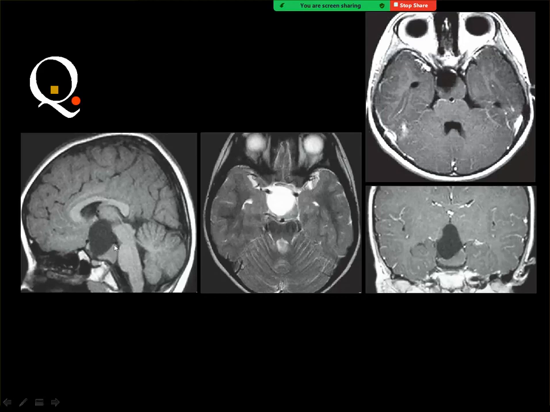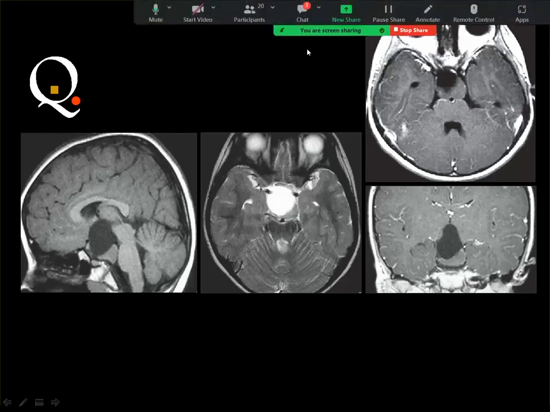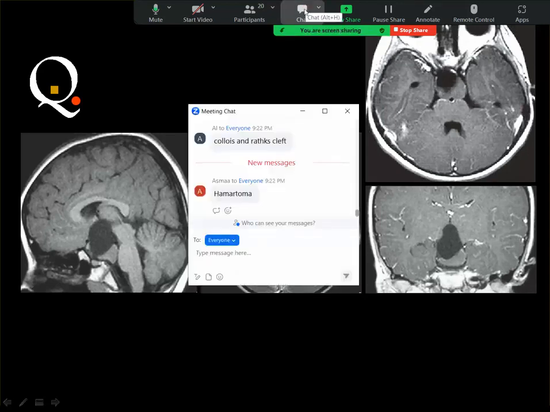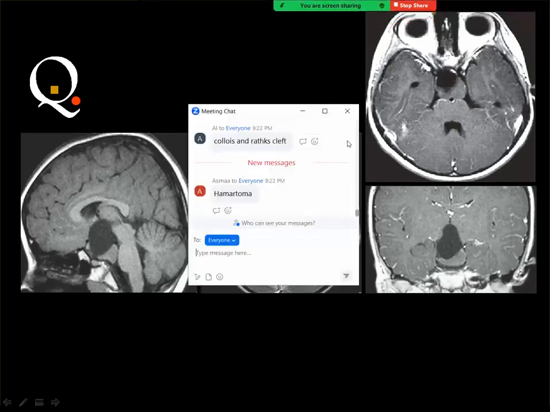The second lesion is this one, and this one is located posterior to the arachnoid cyst, and it does not enhance with contrast material. And you know, the only suprasellar lesion which is located usually in the pediatric age group, and it does not enhance, and this is hamartoma.